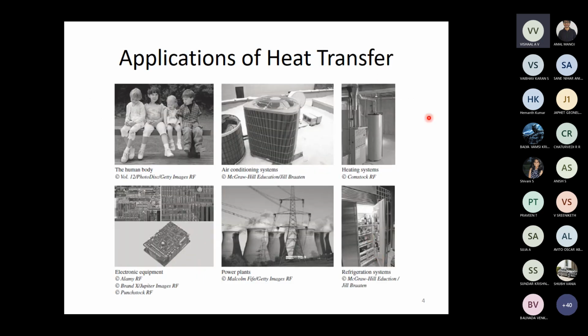Okay, where do we apply this heat transfer? So the three forms of heat transfer, in one or more forms, there will be several applications. For example, in the human body itself, the way we maintain our body surface temperature is by heat transfer. Our body temperature is different from the ambient temperature. So whenever there is a difference, our body will take some action so as to maintain the body temperature constant.